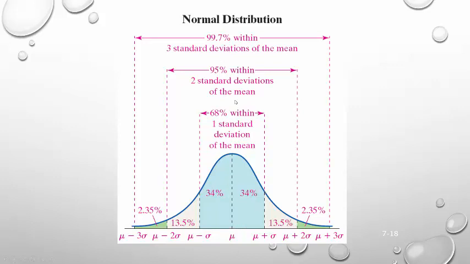It's not explicitly written on here, but from this point right here to this point right here, it's 95%. That means 95 divided by 2 is 47.5. So if you take 34 plus this 13.5, that gets you that 47.5%. And you can do the same to get the other numbers.